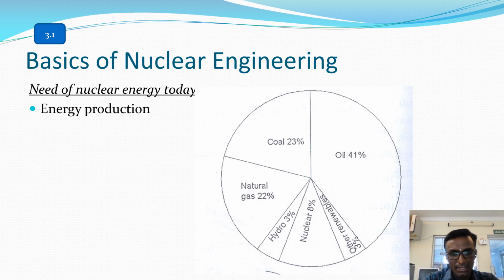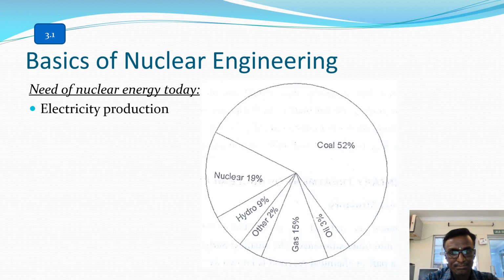As you can see in the comparison, the majority of the power produced is from the coal based power plant, which is a pollution based power plant, right? So in that aspect we have to reduce the pollution, as well as reduce the dependency on non-renewable sources of power.